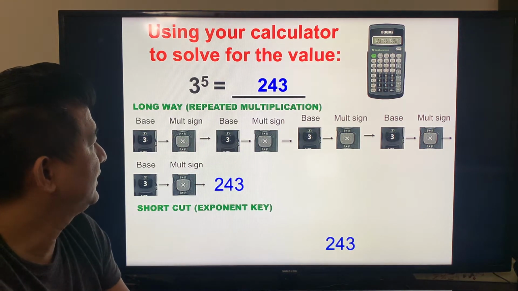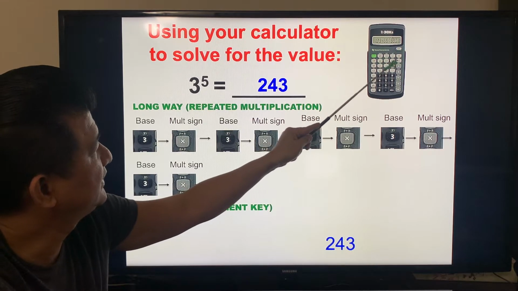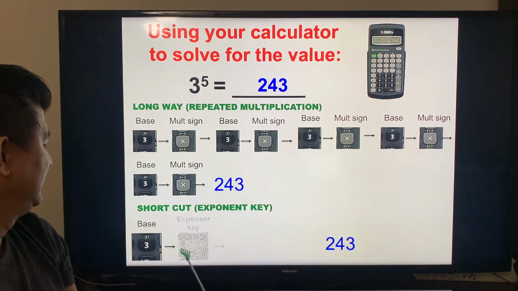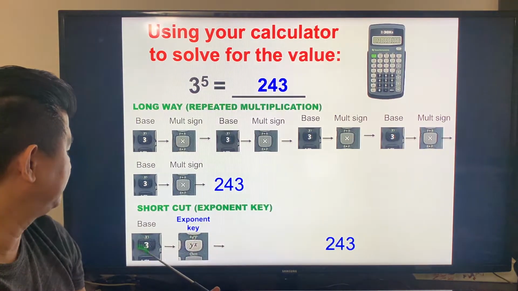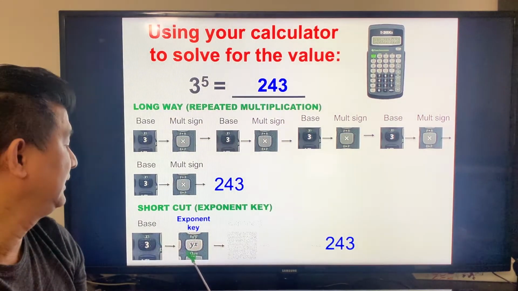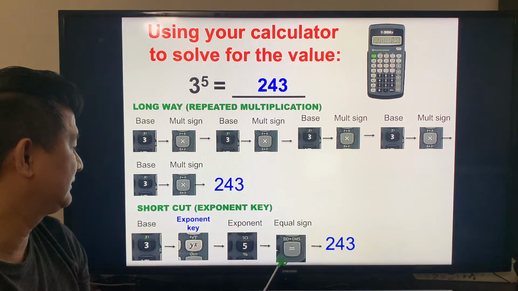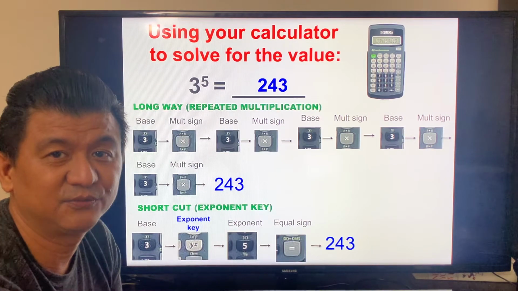You can also use a special button over here, it says x to the y. It looks like this. 3, x to the y power. That means 3 is your base. Click this button, x to the y, and then click 5, and then you will get equal sign, then you'll get the same answer, 243.